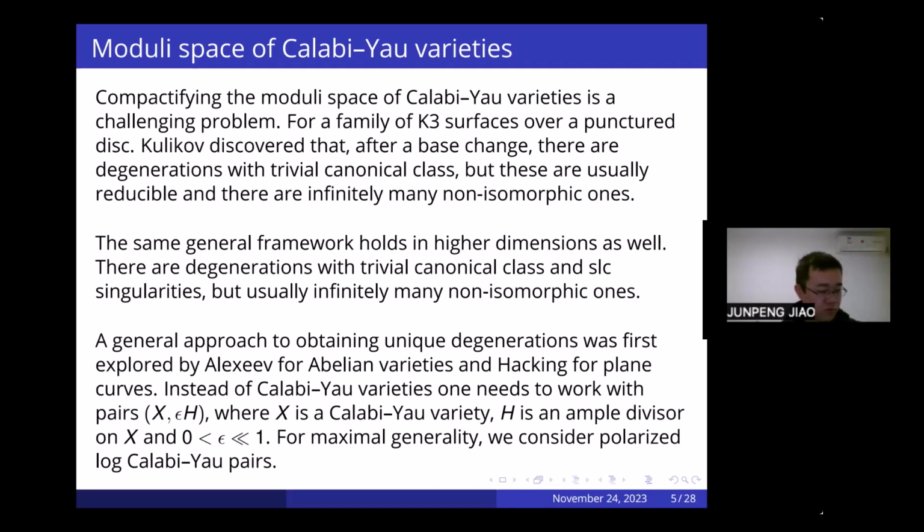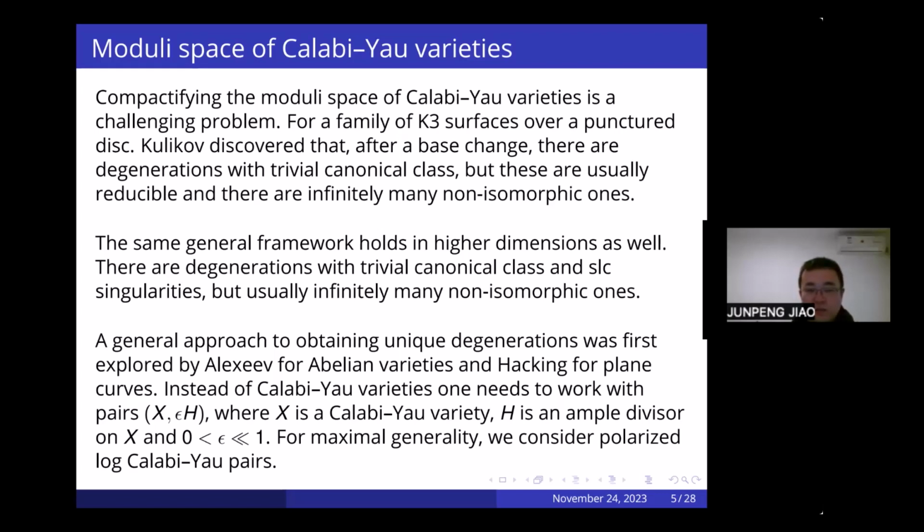For a family of K3 surfaces over a punctured disk, Kulikov discovered that after a finite base change, there are degenerations with trivial canonical class. But these are usually reducible, and there are infinitely many non-isomorphic ones.